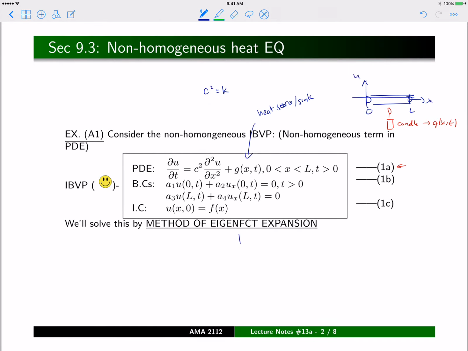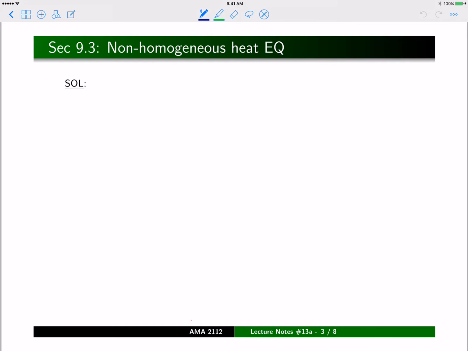Well, we're going to use the method of eigenfunction expansion. And what is that? The whole idea of the method of eigenfunction expansion is that we look for a solution to the PDE by expanding our solution in terms of eigenfunctions Xn of x.